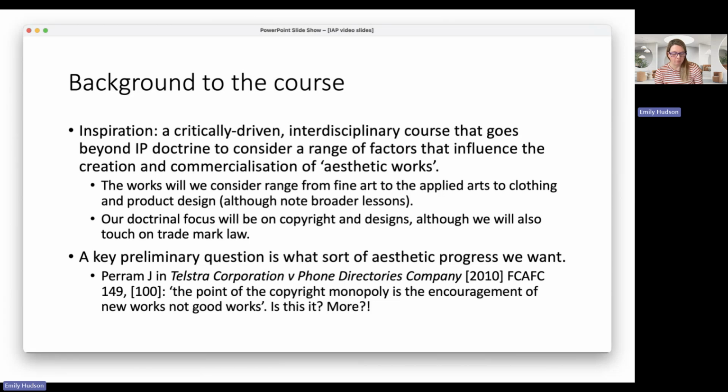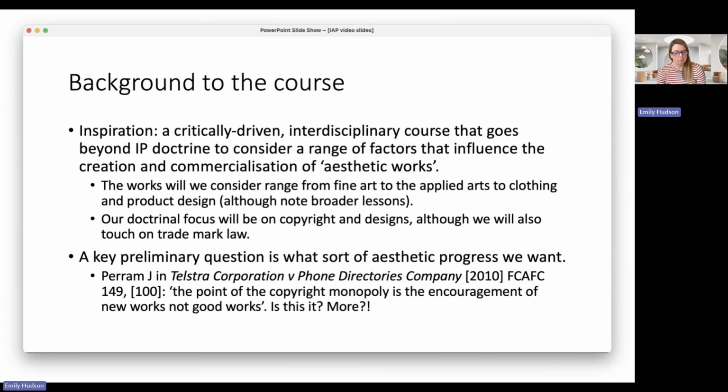That in the absence of the exclusive rights that intellectual property law provides, free riders would be able to copy the outputs of designers and artists without bearing the costs of creation. So designs law and copyright law have been said to encourage the creation and dissemination of new works because they allow creators to capture the benefits of those works.